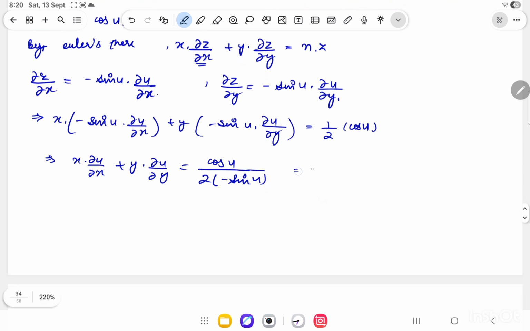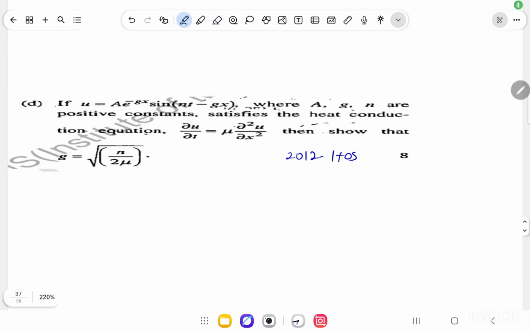So this is equal to minus cot u by 2. We were supposed to find the value of this only, and its value is basically minus cot u by 2.